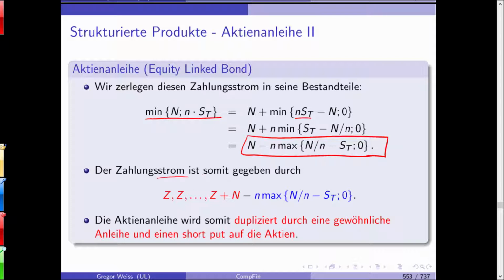And the cash flow stream is given by Z plus N minus N times the maximum of this. And you can see that you can duplicate the equity-linked bond by just a plain coupon bond with Z as a coupon and a short put on this stock as an underlying.